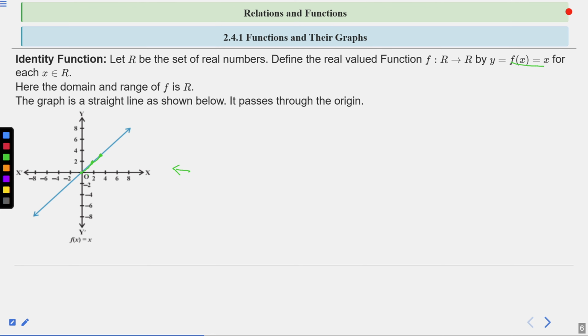Anybody having any doubt? So if anybody has any doubt, please ask. Otherwise we are going to the next slide. So please ask your particular or specific doubt. Okay.